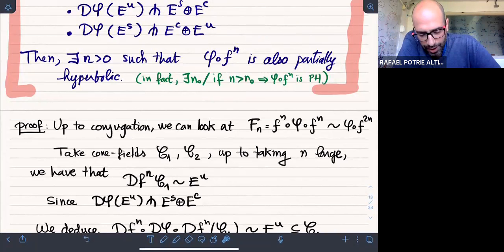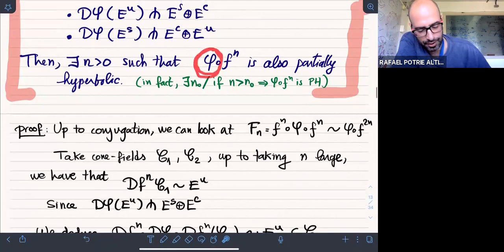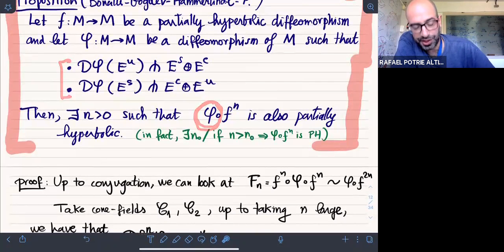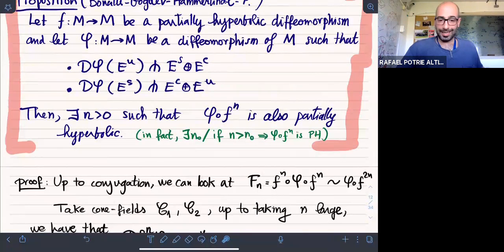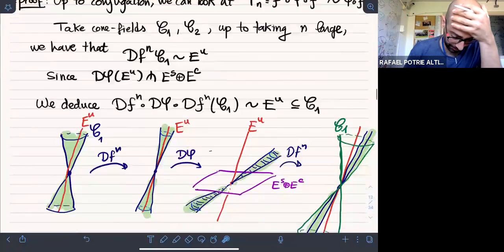But since we will take f to be an Anosov flow, at least we will be able to control, no matter which n we take, the isotopy class of this guy, because it's a flow, so it's isotopic to the identity. So if we find a map phi with these properties which is not isotopic to the identity, we are really creating some new stuff. Okay, that's the key point.